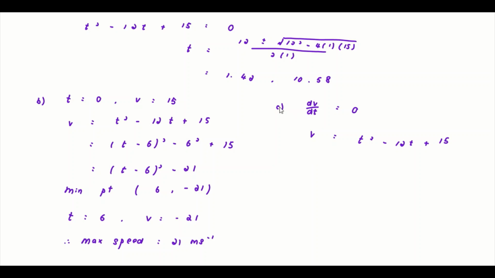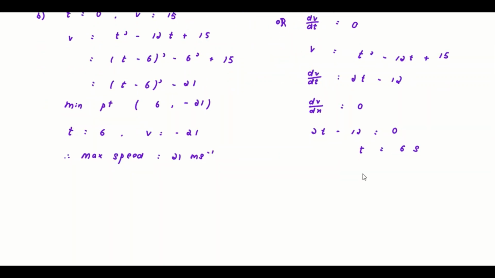Oh, I'm sorry. So my dv/dt is basically equal to 2t minus 12. If dv/dt is equal to 0, which means 2t minus 12 is equal to 0, I'll be able to get t equal to 6 seconds.